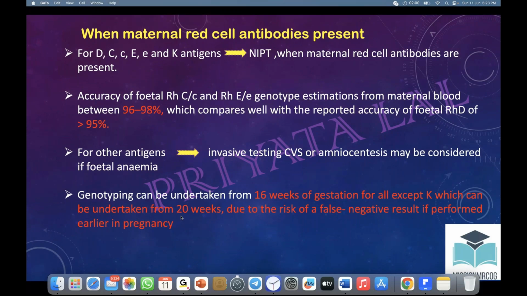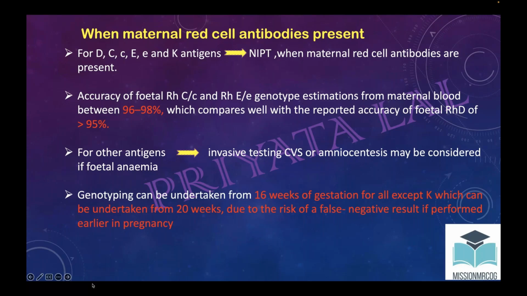But for the purpose of detecting these antigens, the guidelines say that for C, E, DCE, it should be done after 16 weeks of pregnancy, and for K, at 20 weeks of pregnancy. This whole slide is important because part 2 people usually get questions from this, and it is important for part 3 also, because as already told, the recent exam had a viva station from this guideline.